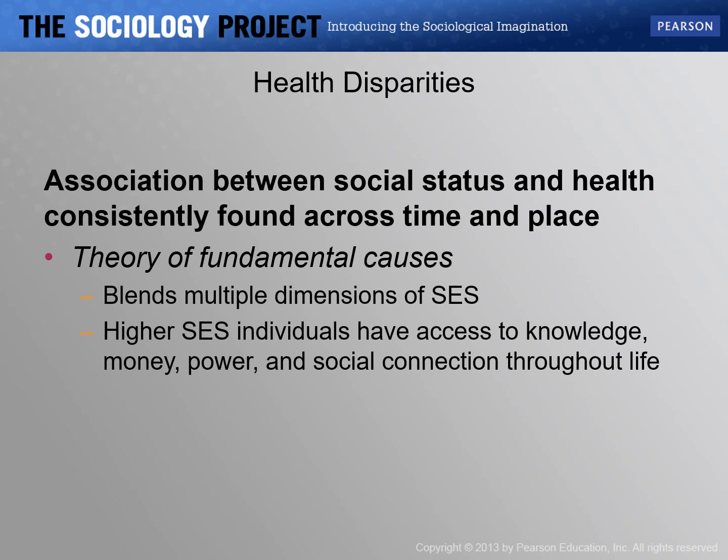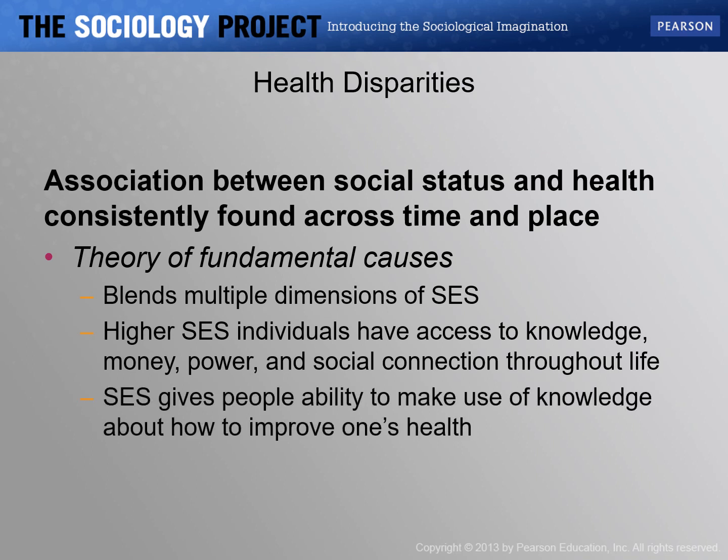There was a story about Governor Ron DeSantis of Florida getting people with high socioeconomic standing the vaccine before people of lower socioeconomic status. Those connections make a difference. Socioeconomic status gives people the ability to make use of knowledge about how to improve their health care. And one thing that's kind of leveled the playing field in the last 20 years is the internet.